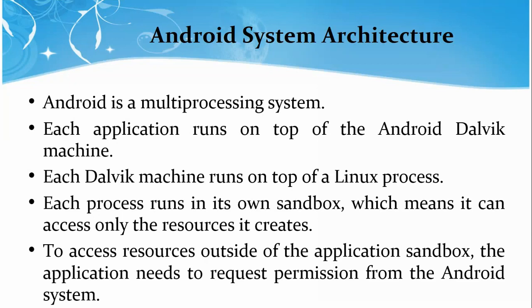If you want a chair or a table from one apartment, you'll have to request. You cannot just barge in and take it because it's in a different location and doesn't belong to you. So you'll have to request permission. That's how your Android system works: each app which runs in your phone is running on a virtual machine.